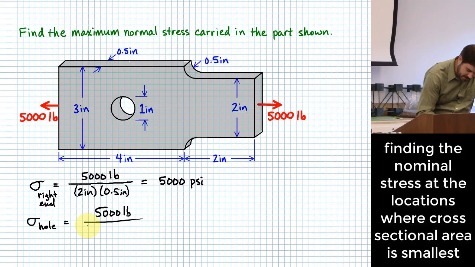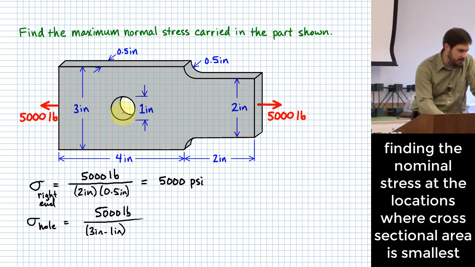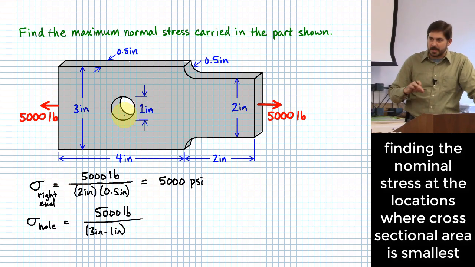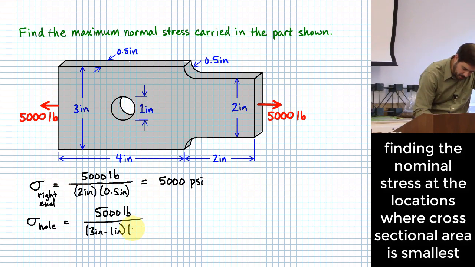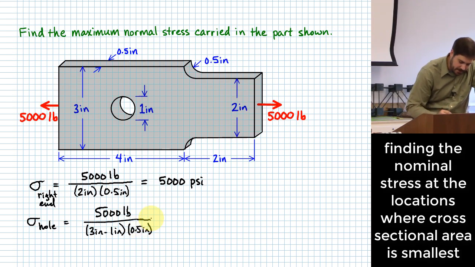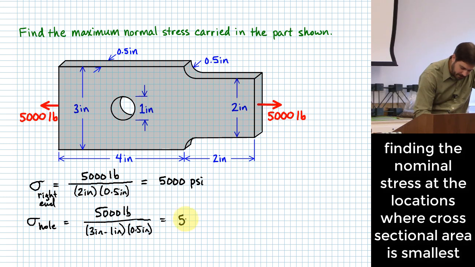Okay, same thing basically, but you would get to it by taking 3 inches minus 1 inch, because basically you take the total width and subtract off the material that's missing because of the hole, and you multiply it by 1/2 an inch. Okay, so I also did that on purpose to where they wind up being about the same.